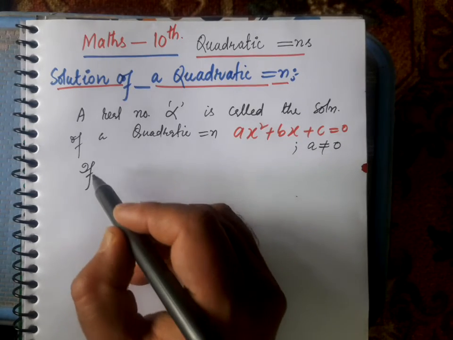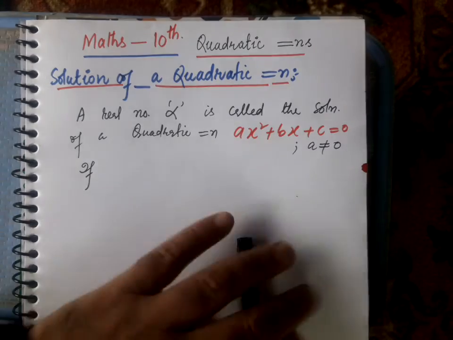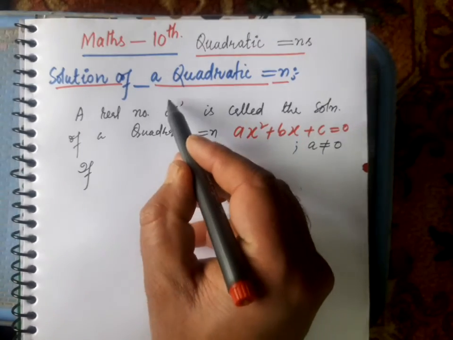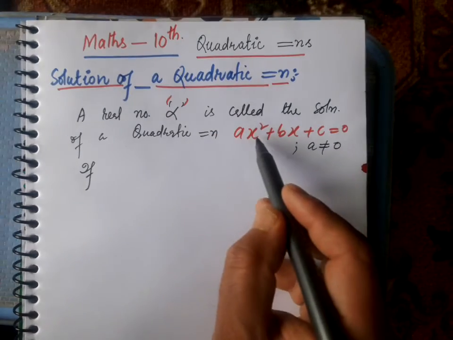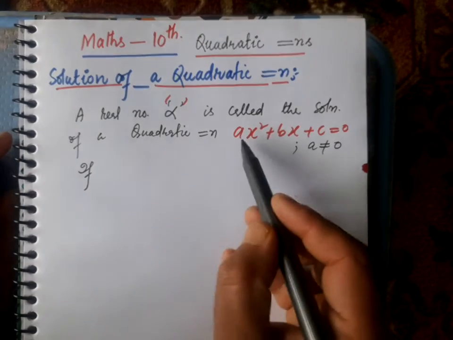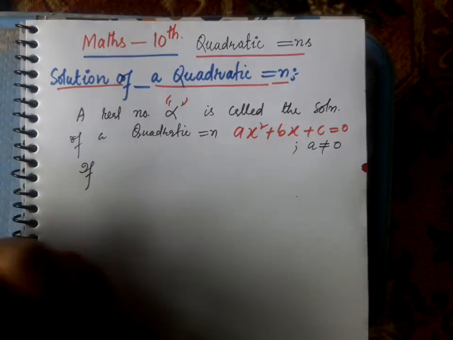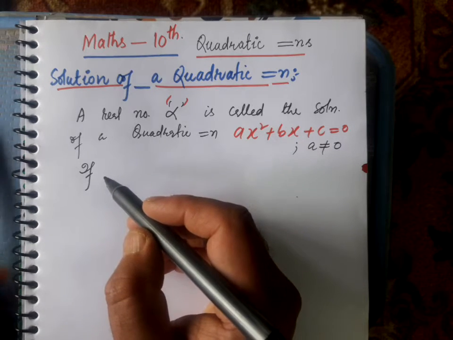If this alpha, the real number, satisfies the quadratic equation, that is, if we substitute alpha instead of x in the equation, then the equation should be satisfied.